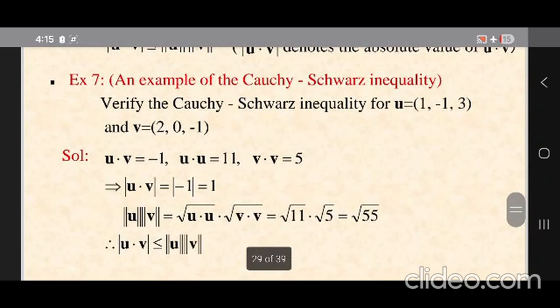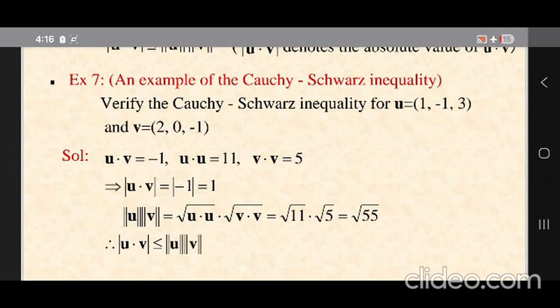An example of the Cauchy-Schwarz inequality: take two vectors u and v, then verify the inequality. First find the values of u dot v, u dot u and v dot v. The u dot v value is minus 1, u dot u is 11, and v dot v is 5. Next, the modulus of u dot v equals modulus of minus 1, which equals 1. Next find norm u times norm v.